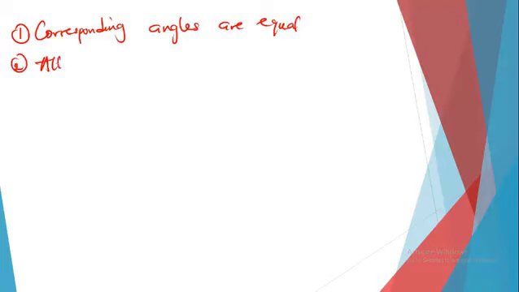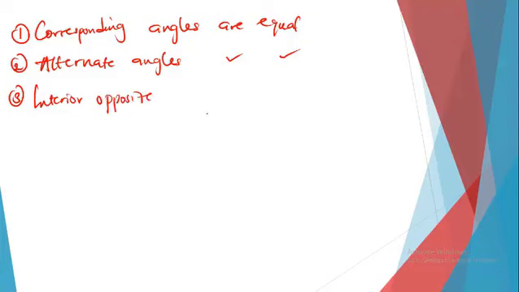In summary, we have that one: corresponding angles are equal. Then alternate angles are equal. Number 3, interior angles add up to 180 degrees.